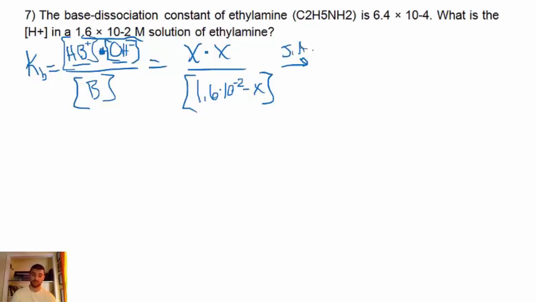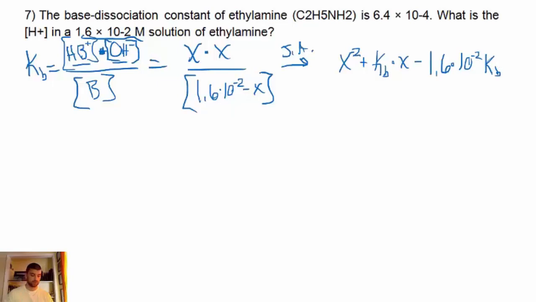It's just algebra. I'm going to rearrange it into a quadratic setup, and I'm going to get x squared plus Kb times x minus the 1.6 times 10 to the minus 2 Kb.